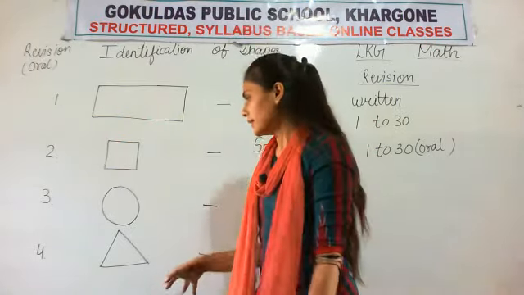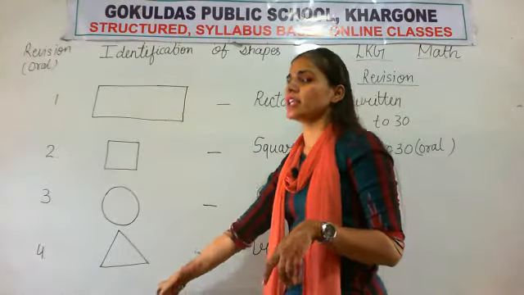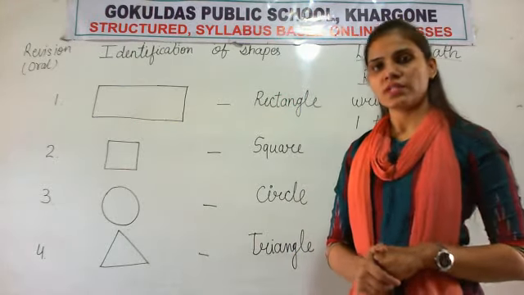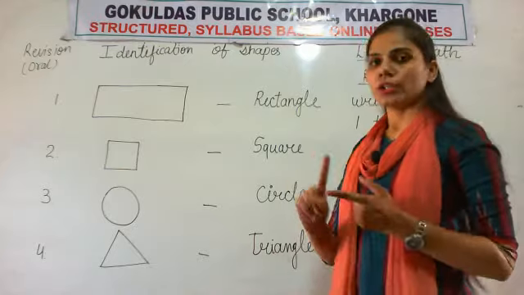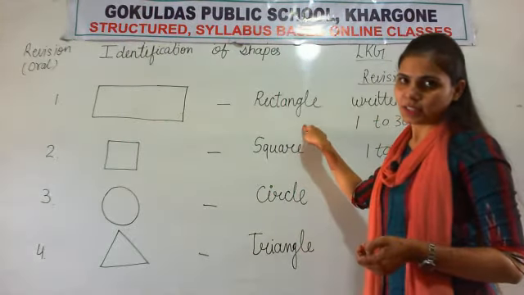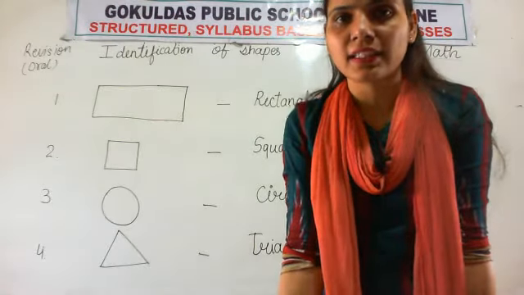Okay, and take one paper and make all the shapes. Here write the names. Okay, you say and write. What do you say? This is rectangle. Okay, all of you say this is rectangle.